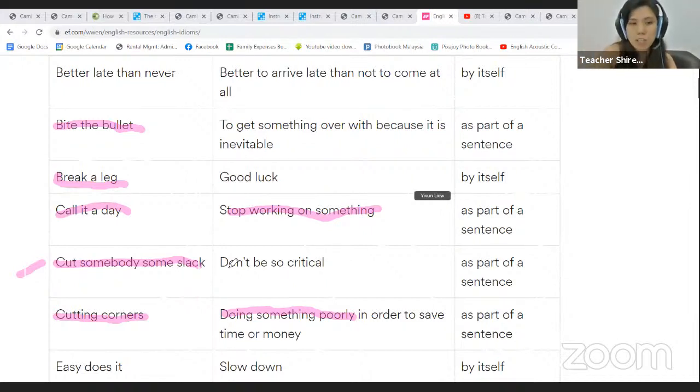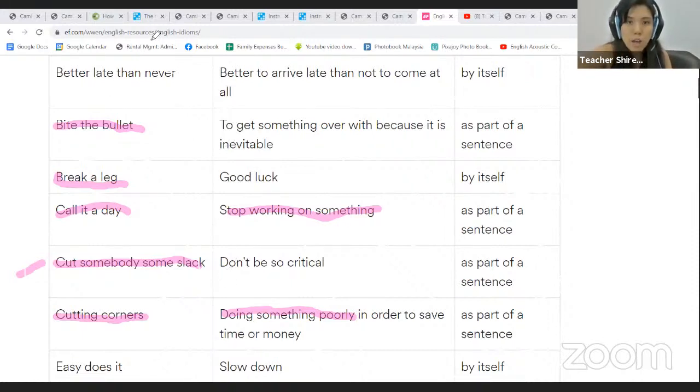Okay, said something wrongly. So then you say, cut Andrew some slack. Don't pinpoint on him. He has done very well in the past. This time maybe he's tired, so let's cut him some slack. Okay, don't be so critical, or give him some leeway. Understand?